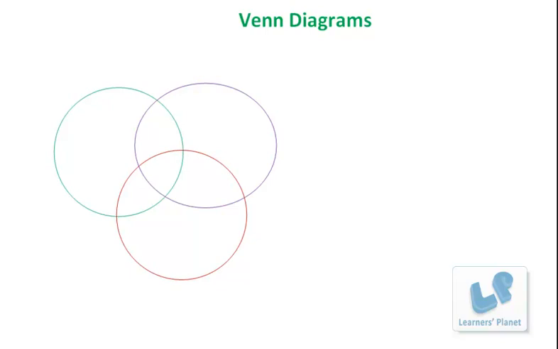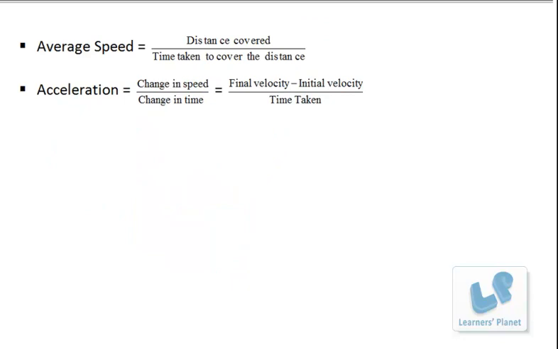So let's begin. Friends, before we move further and start solving the problems on data interpretation, I would just like to share some of the terminologies, formulae and relationships with you. So while solving the problem, you will already be knowing the basic terms, right? Now what is average speed? That is distance covered divided by total time taken to cover that particular distance, right?